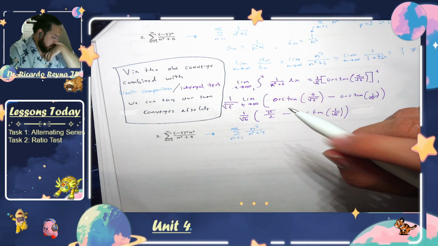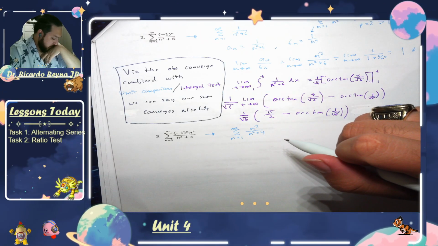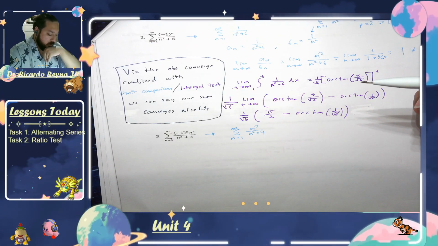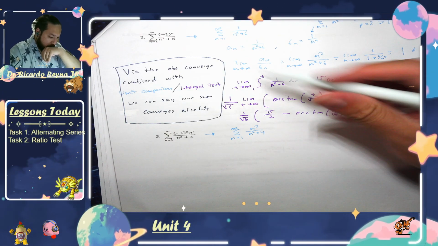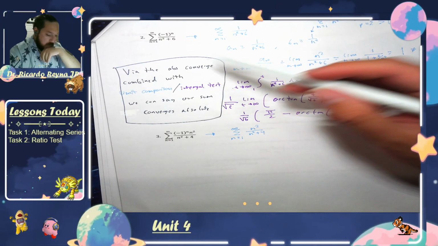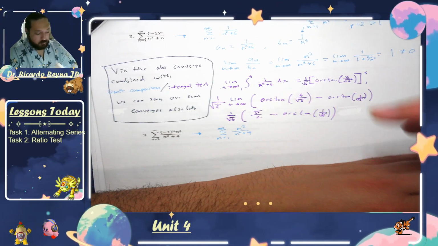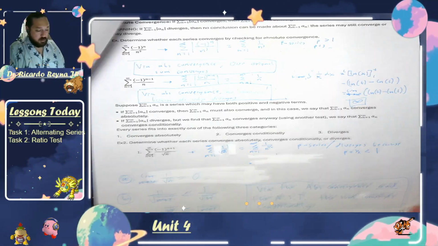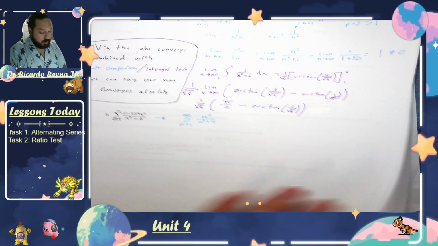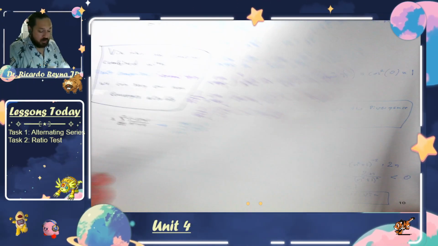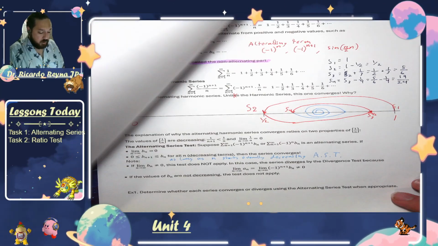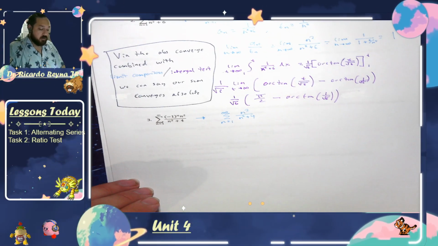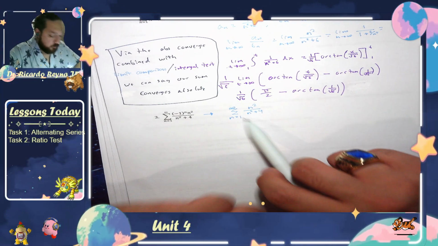my issue here is that I guess it's not wrong, but if we're going to do this sum, oh, I guess we don't have to check if it's an alternating series, right? Because we won't know.